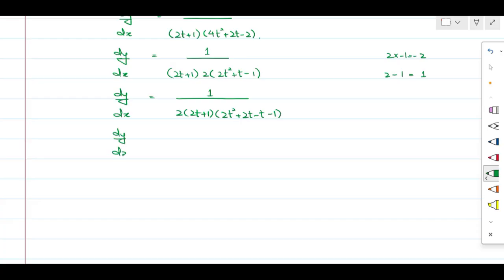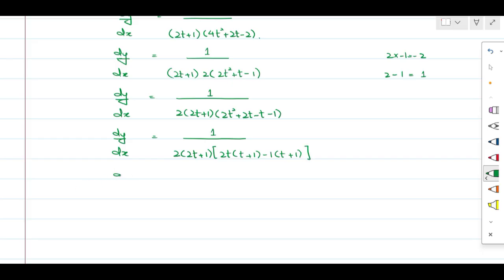Simplify this further. Dy over dx is 1 over 2 into (2t plus 1), and here we can take 2t common: t is left, and 2t is common, plus 1 is left. Take negative 1 common, t plus 1 is left.